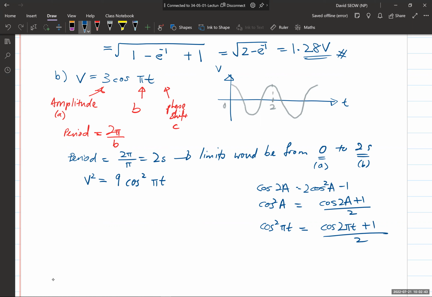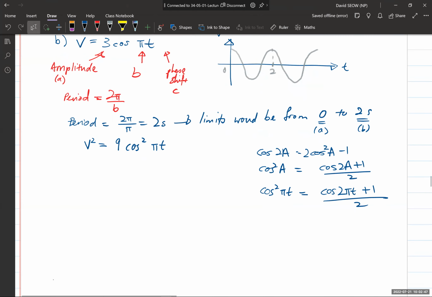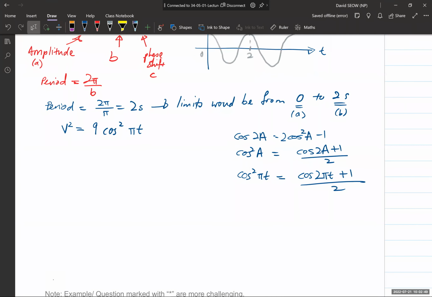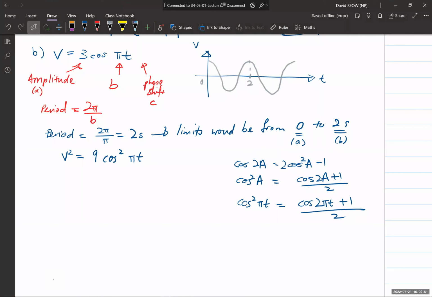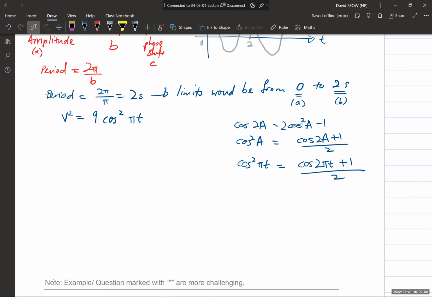Okay, so far okay with this. Then for the VRMS, I'll put into the formula: root, the mean will be from 0 to 2, and I integrate from 0 to 2 the v square, which is 9 cosine square pi t.